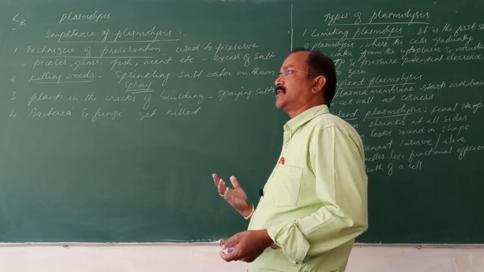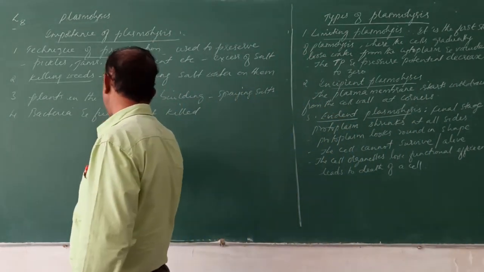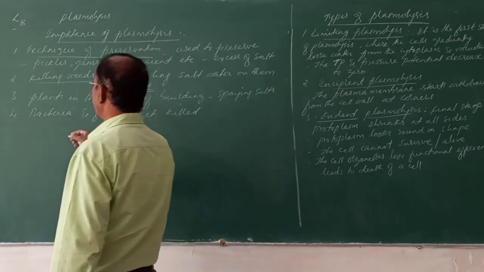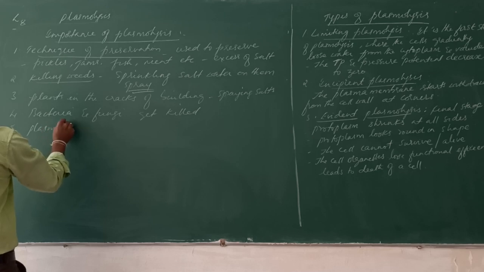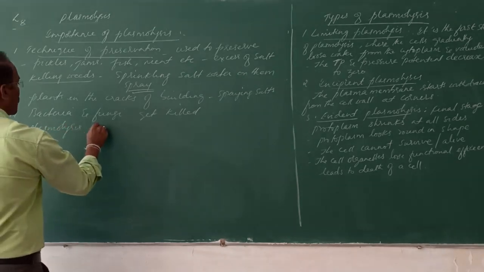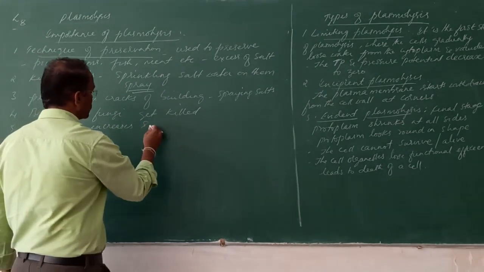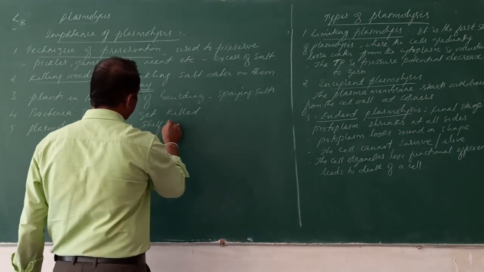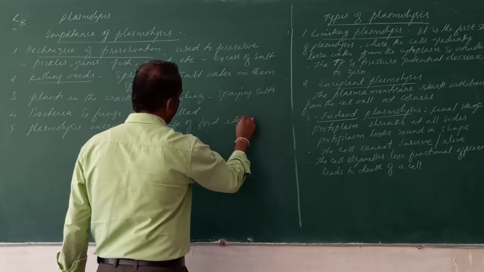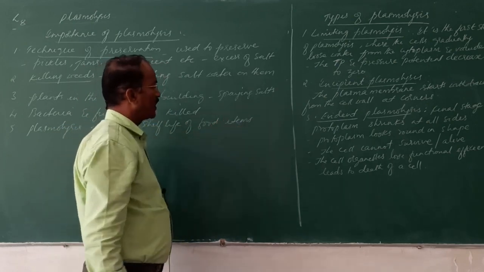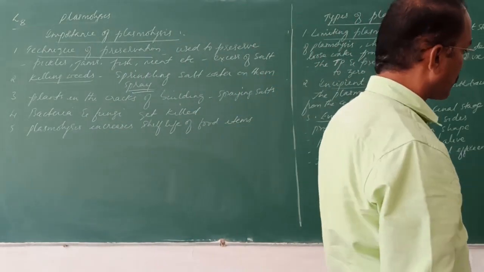That's why we add salt to some of our foodstuff to kill these bacteria and fungi. So plasmolysis increases the shelf life of food items. We can store them for many days, for months, or even up to some years.